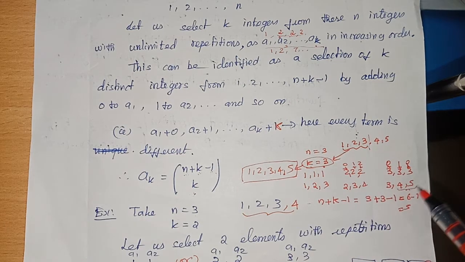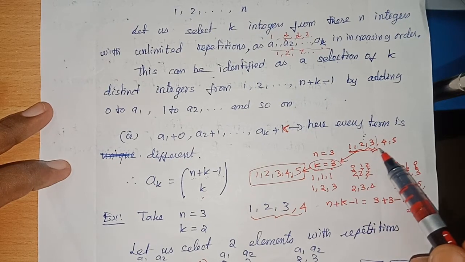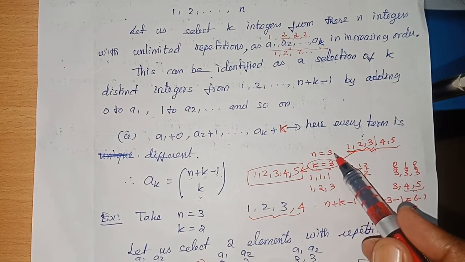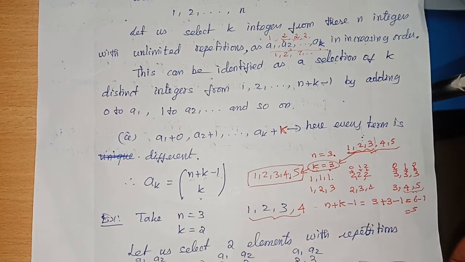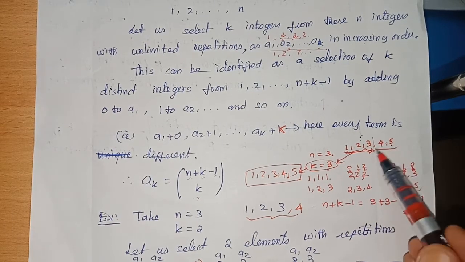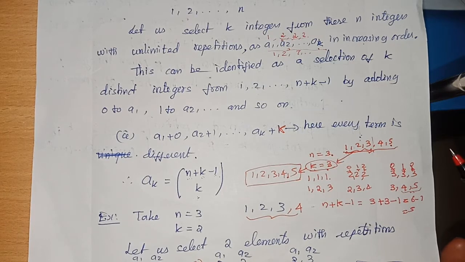But the original n objects have been extended to n plus k minus 1. So selecting 3 objects from 3 objects with repetition is the same as selecting 3 objects from 1 to 5 elements, that is n plus k minus 1 elements, without repetitions. So I have converted my problem to one without repetition.